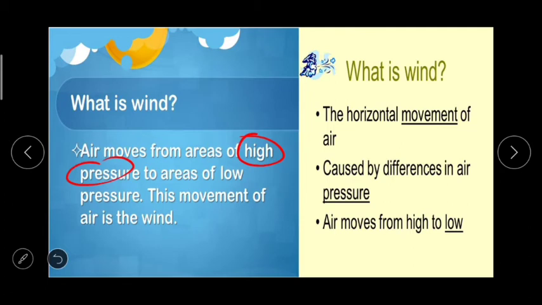Whenever air moves from high pressure to areas of low pressure, then there is movement in the air, and this movement is called the wind. The horizontal movement of air caused by differences in air pressure. So air moves from high to low.